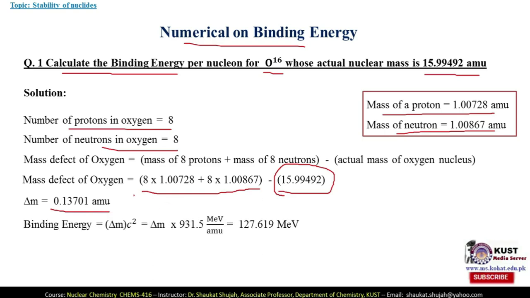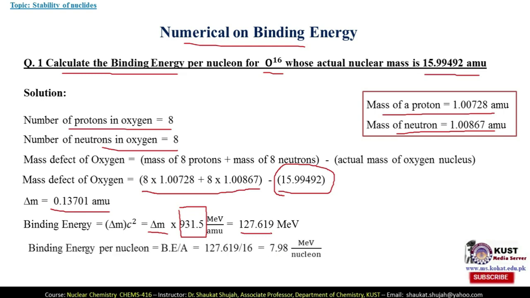Now we can convert this mass defect into energy by simply multiplying it with 931.5 MeV per AMU, and the answer which we get is 127.619 MeV. This value can be converted to binding energy per nucleon if we divide it by the nucleon number.